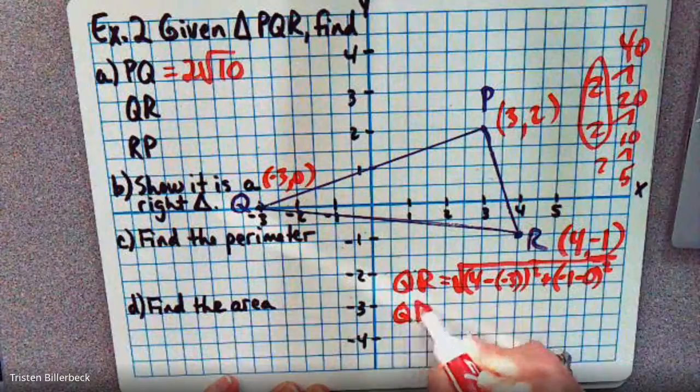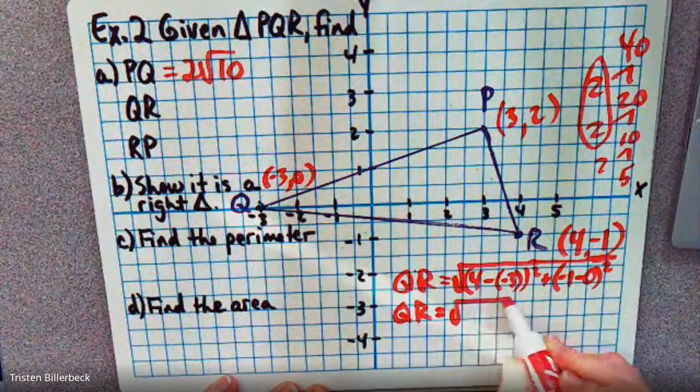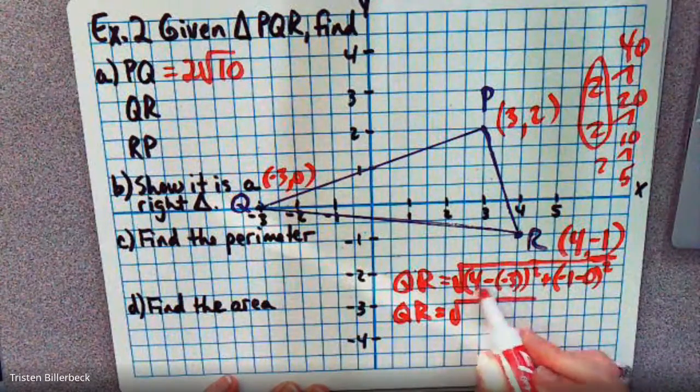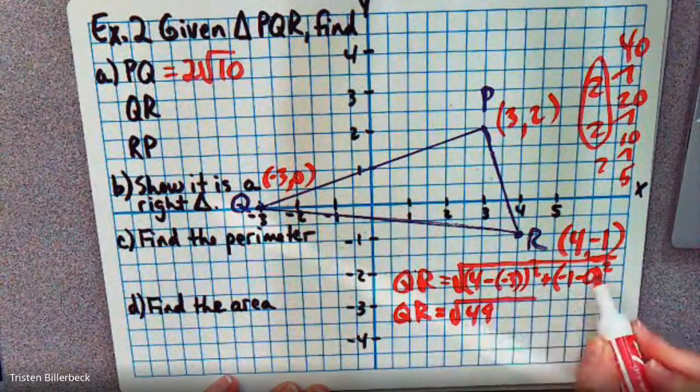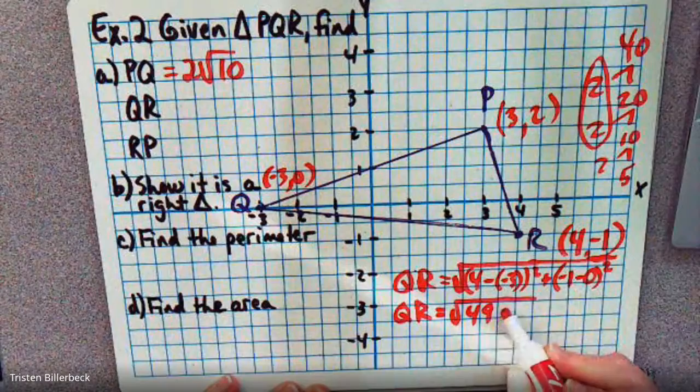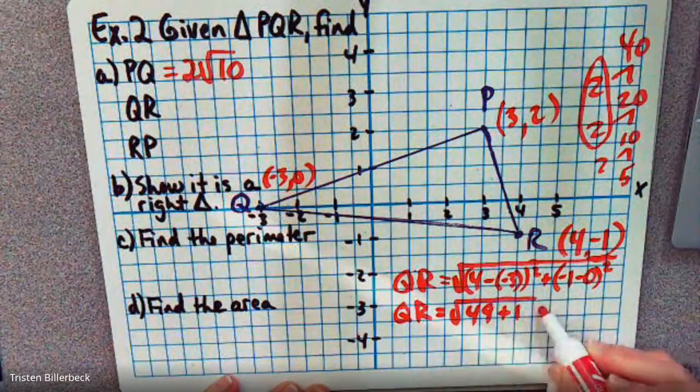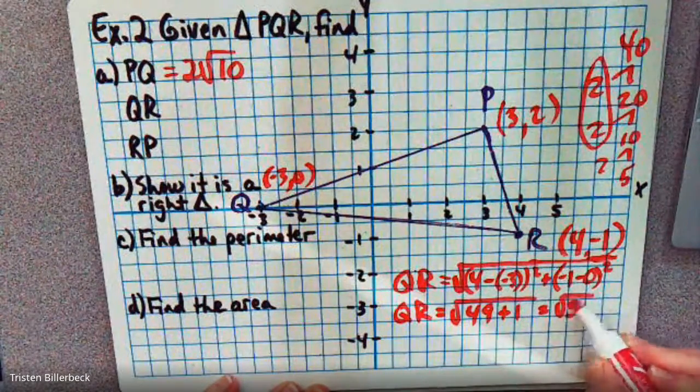So QR equals the square root, and this becomes a positive, so it's 4 plus 3 squared is 49. And this becomes -1 squared, which is 1. So this is the square root of 50.